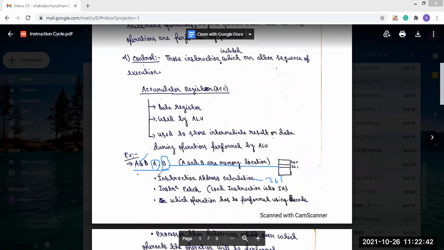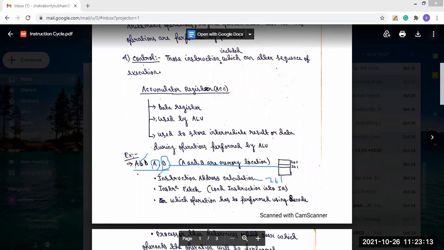Now we already know the operation, over whom it should be performed, and we have brought the data from the memory locations into the temporary register. So all things are ready, and now we will perform the operation, and after performing it, the result will be shown.